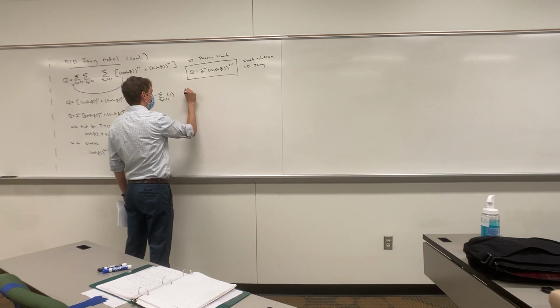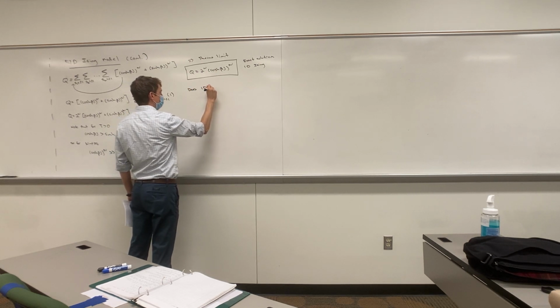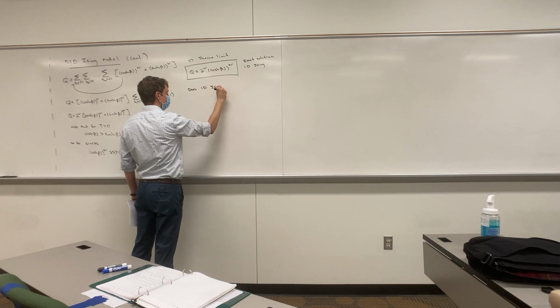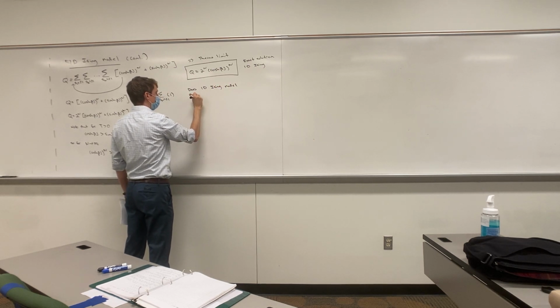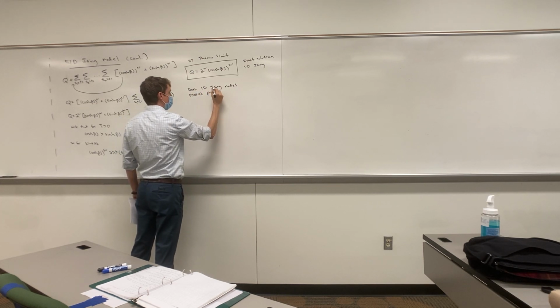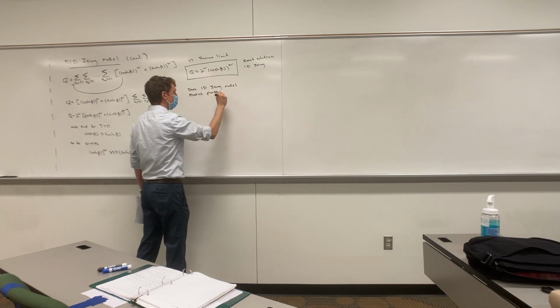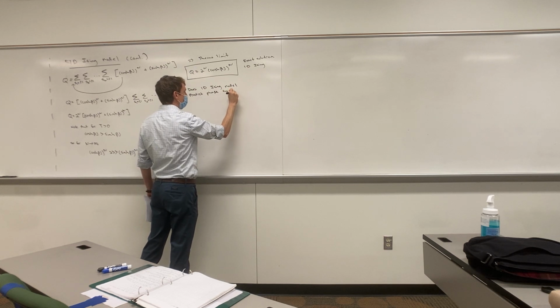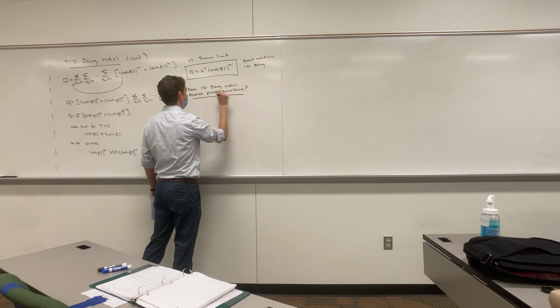So we want to know now, does the 1D Ising model predict phase transitions? That's why we're doing Ising in the first place. And you probably know the answer is no, because that's why we have to go to 2D. And the answer is no, but let's see why the answer is no.